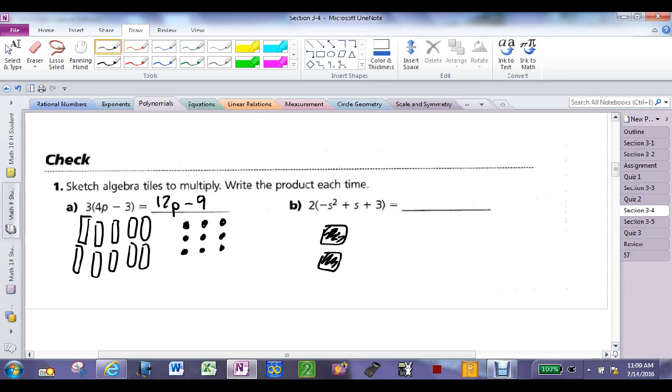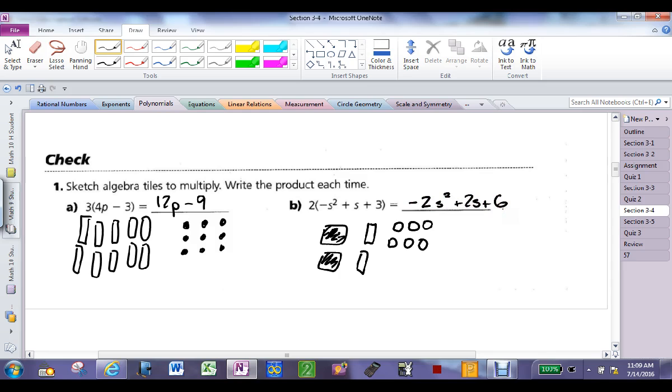When I ask you to, you have to draw it out. 1s, but I don't need 1, I need 2. 3, but I don't need 3, I need 2 groups of 3, which gets me negative 2s squared plus 2s plus 6.